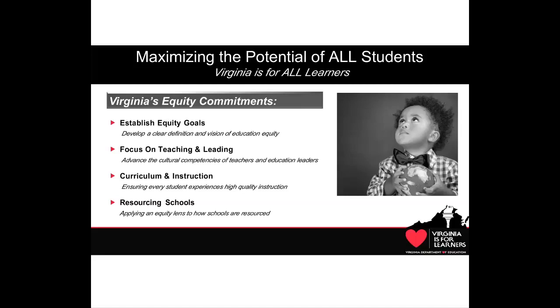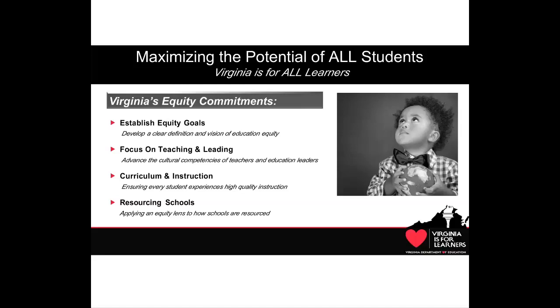And so our state board is doing some very interesting work around resource equity to look at how funding formulas can be modified to address that issue. And that ties right into the next bullet on the slide on resourcing schools.